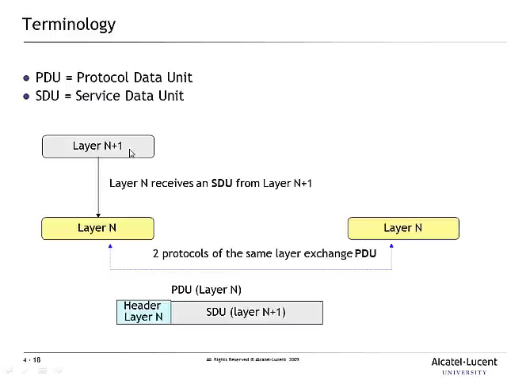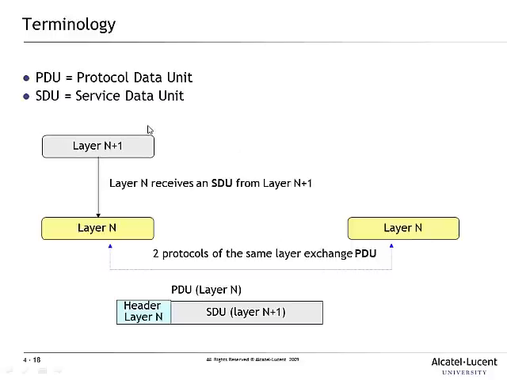And when it receives that, it adds its own header, and that becomes the PDU that this layer has produced for the corresponding or the peer entity at the other end of the communication link.